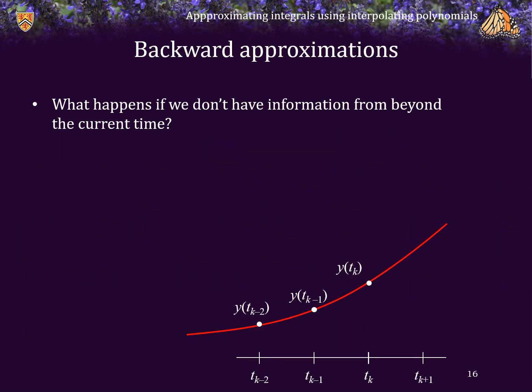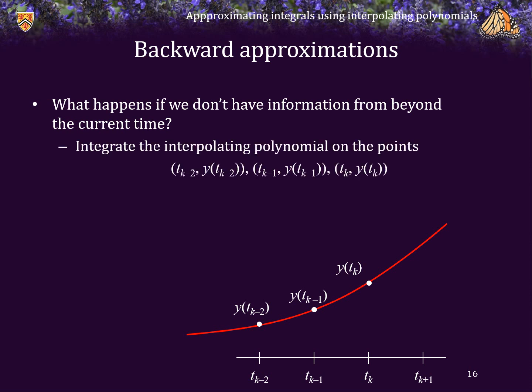All right now, however, the approximation we just saw evaluates the function both at points prior to and after, or to the left and to the right, of the interval. What happens if we don't have information beyond the current point in time? We have the most recent datum, and that's it. Well, the obvious approach would be to integrate points prior to the current time.